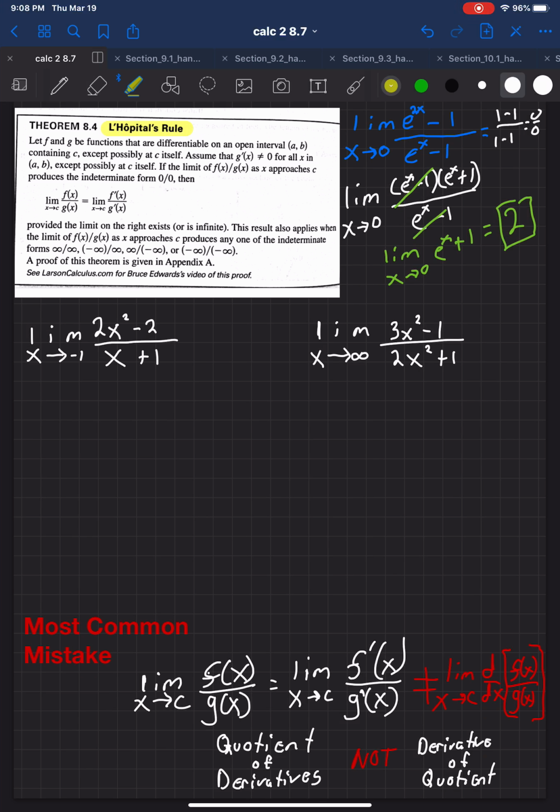And all that is required is that, so bear with me here. So let's assume that this right here is what you're trying to take the limit of, right? Some quotient, f of x over g of x. So the rule, which is known as L'Hopital's rule, says that, look, why don't we just take the derivative of the numerator, then take the derivative of the denominator, and then try taking the limit as x approaches c.